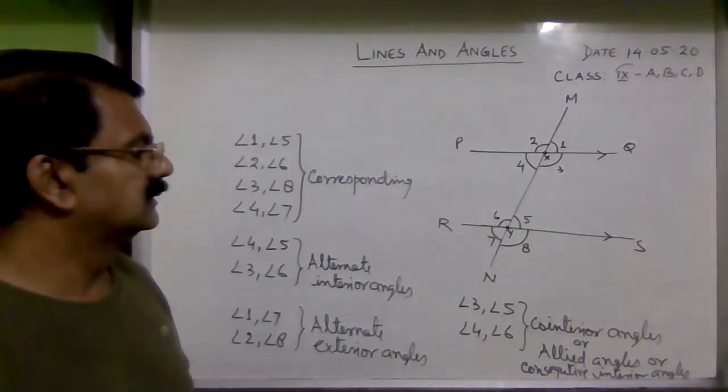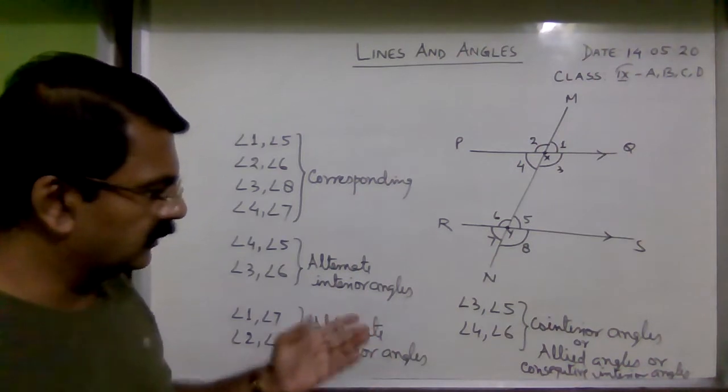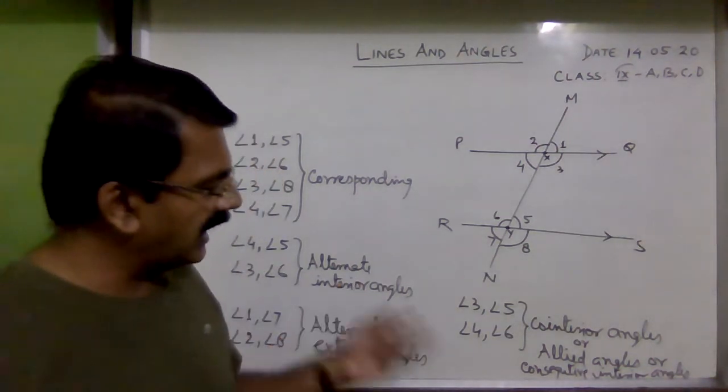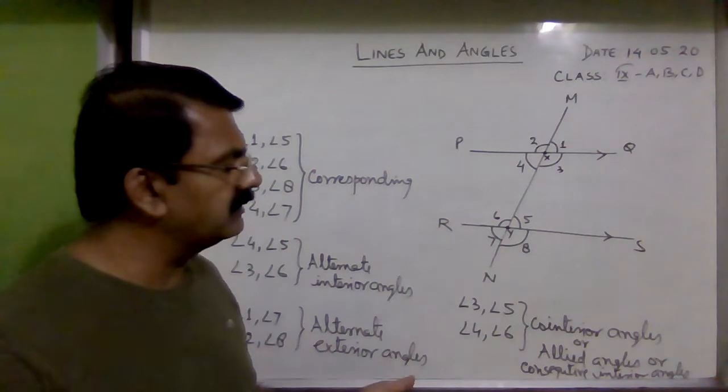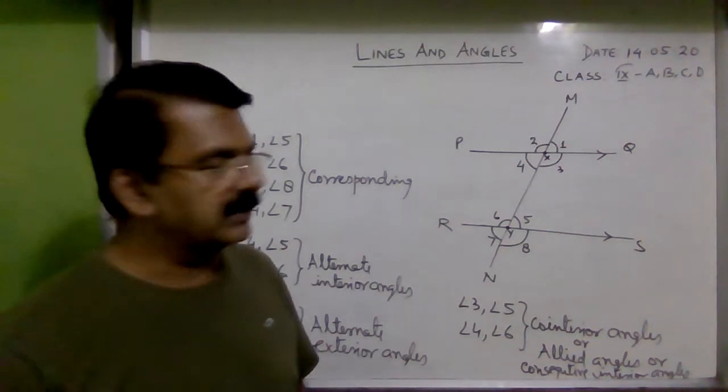They are known as co-interior angles or allied angles or consecutive interior angles. Okay.